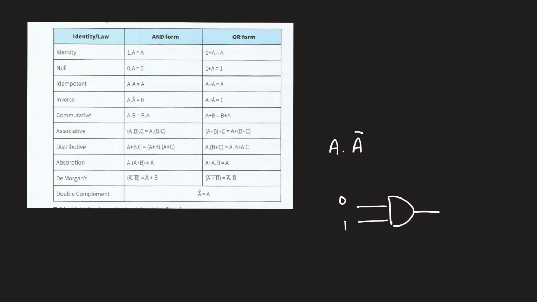Now, we're doing Boolean algebra, which is based on binary, so we will only have 2 inputs, either 0 or 1. So if our complement becomes 0, then our output will have to be 0 for the AND gate. Otherwise, if this is 1, this will become 0, so our output is going to end up being 0 anyways. Or if our a is 0, then this will be 1 and our output is going to be 0 anyways.